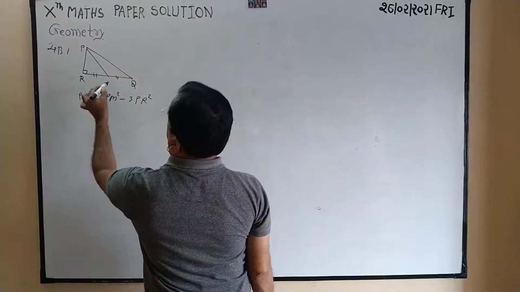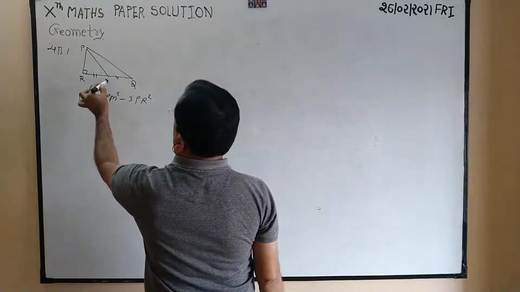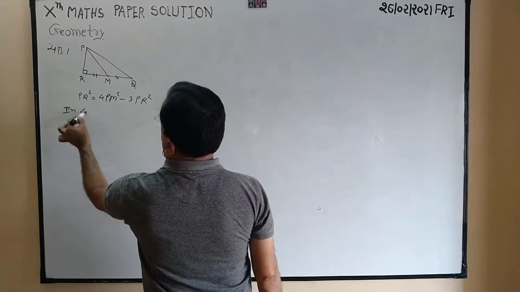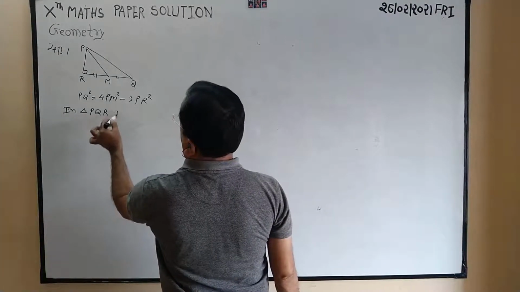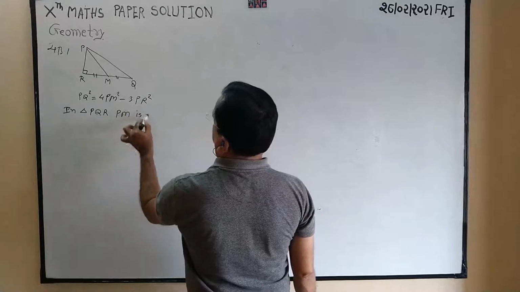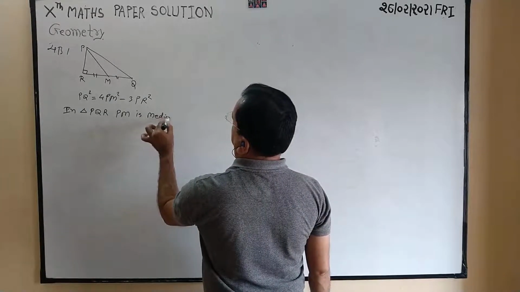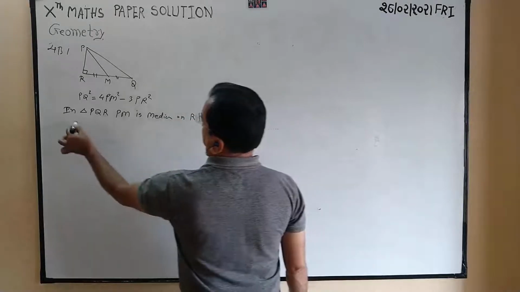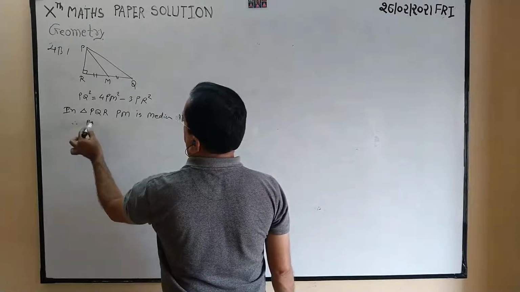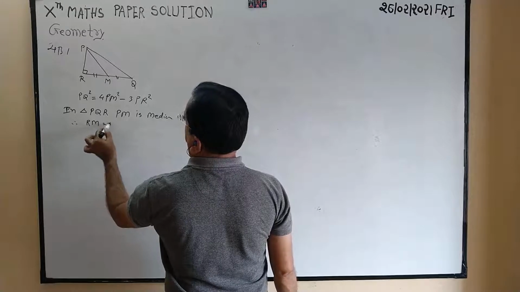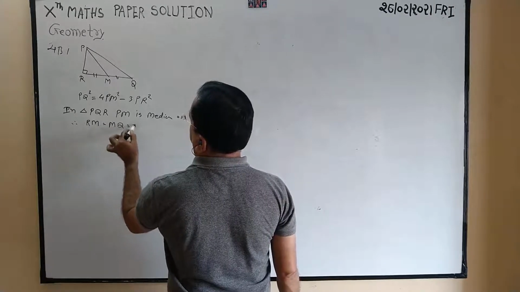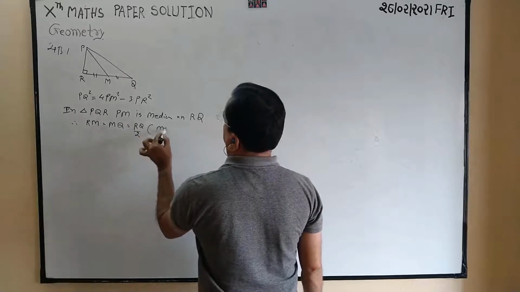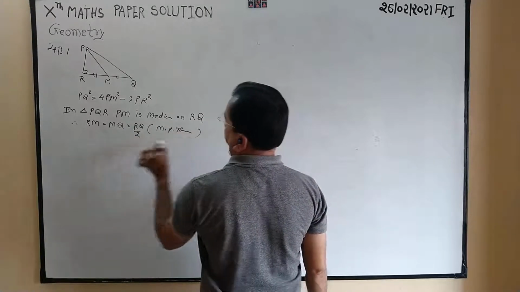Okay, so in triangle PQR, PM is median on RQ. Therefore RM is equal to MQ is equal to RQ by 2, midpoint theorem.